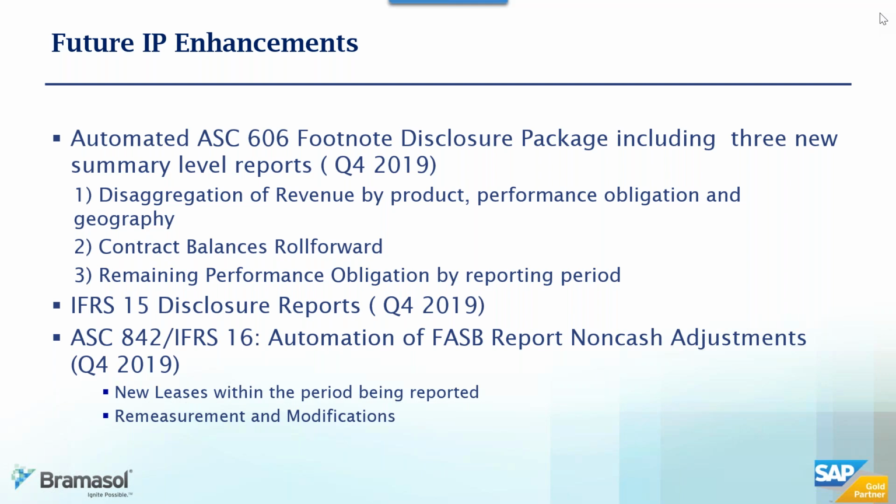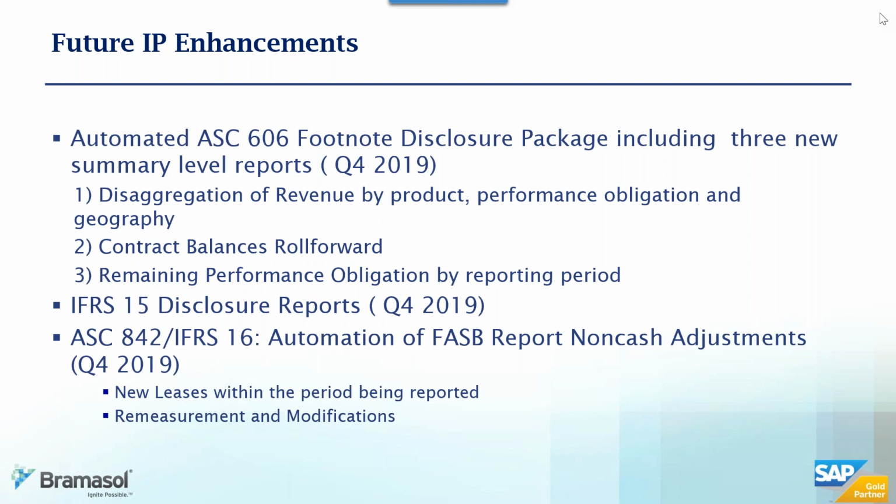So our roadmap for the future enhancements in the disclosure reports, we have the automated ASC 606 disclosure package, which will include 3 new summary level reports. The disaggregation of revenue by product, POB, and geography. That's the one that you saw the screenshot and the slide over there. Then we also will have a new report on the roll forward of the contract balances and the remaining performance obligations by reporting period.